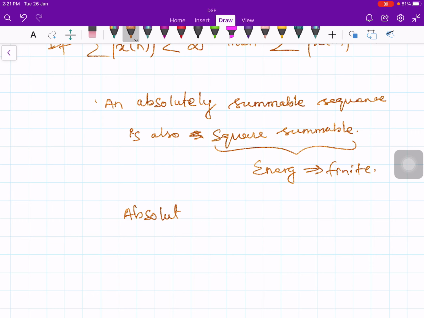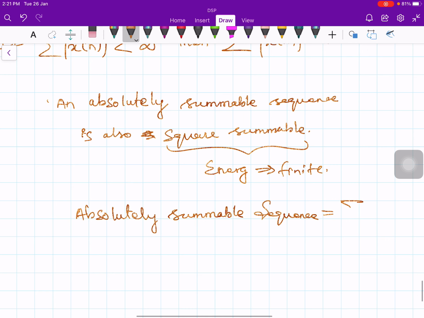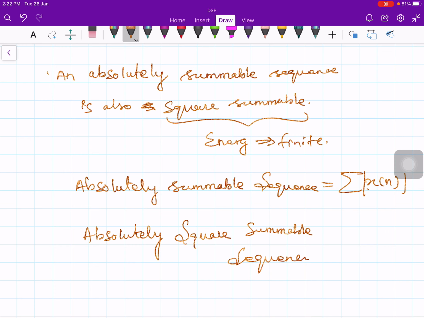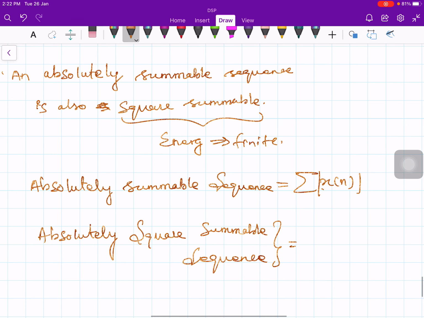Absolutely summable sequence I can write as summation of mod x of n, then absolutely square summable sequence is equal to summation of x of n squared, like this.